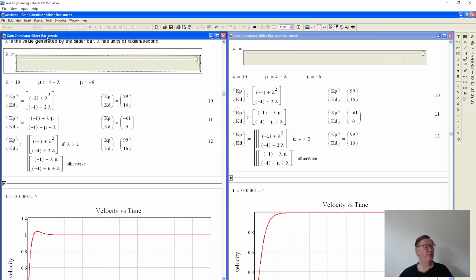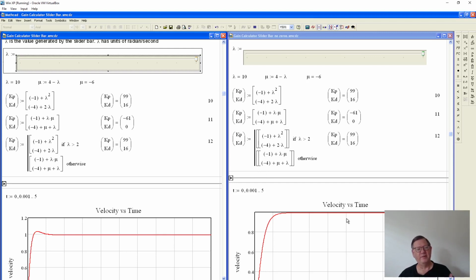This is the example with what I was showing you with the slider bar and the 0, and this is the example without the 0. Everything is overdamped, and you can see that even though the closed loop poles are at -10, the response is much different. And this is the equivalent of having a P minus D controller.